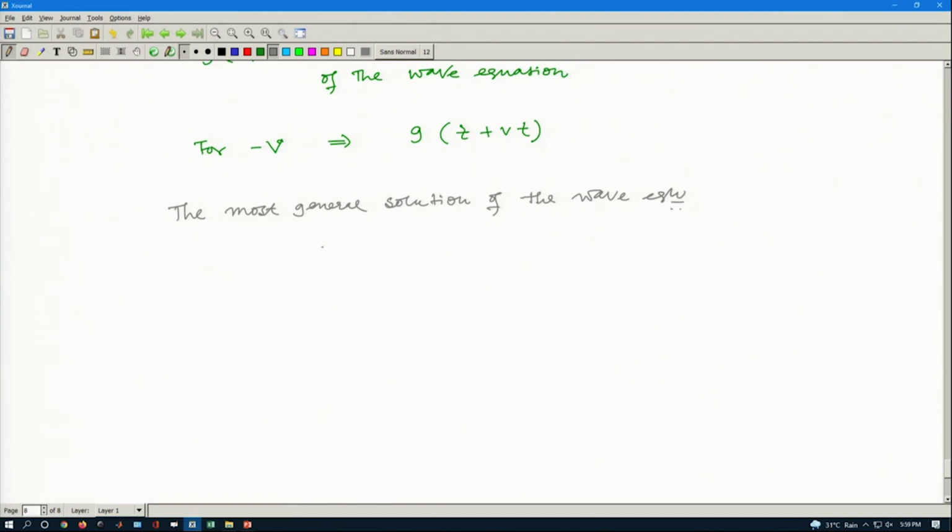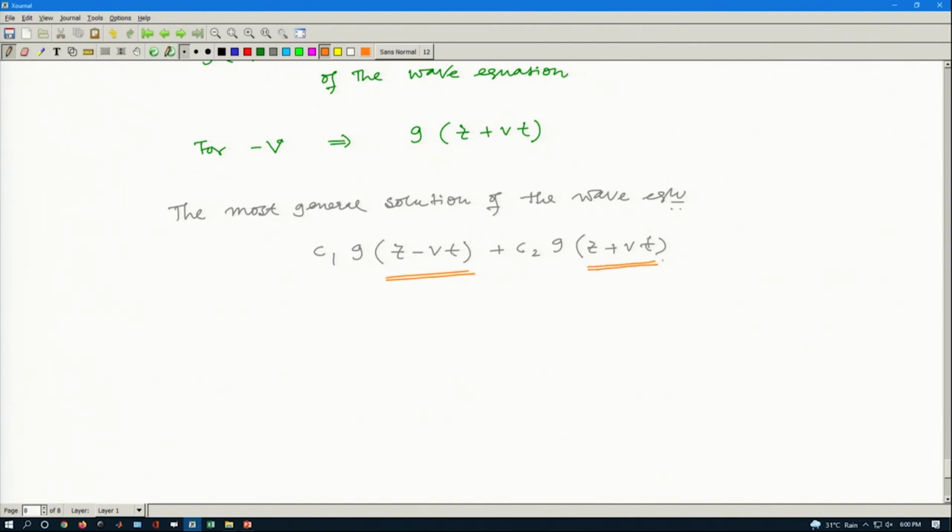One can write it as a constant C1 g of z minus Vt plus C2 g of z plus Vt. This should be the most general solution of the wave equation, but the interesting fact is that the solution can always be written like z minus Vt or z plus Vt.